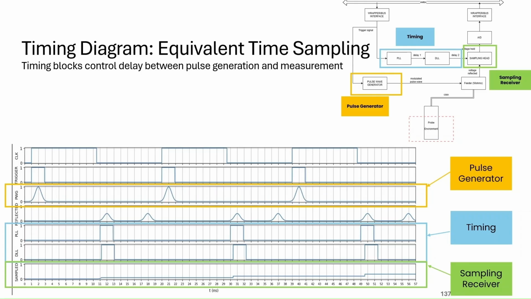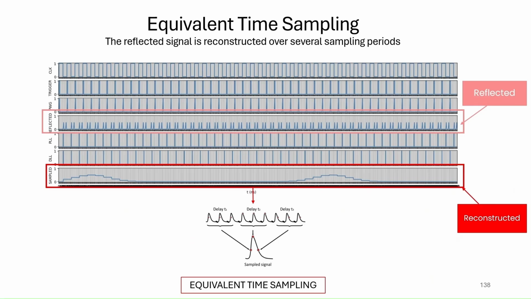This is just a representation of the pulse generator, the timing and the sample receiver. As we can see here, there is the pulse generator and the sample receiver, and this is only one cycle. If we zoom out, we can see a couple of cycles.